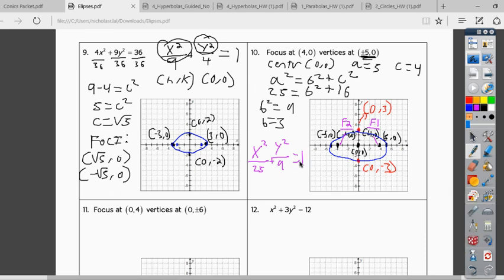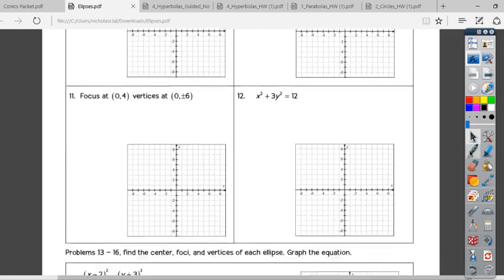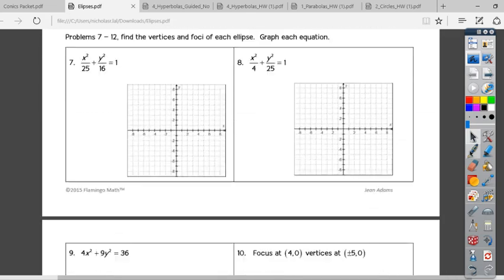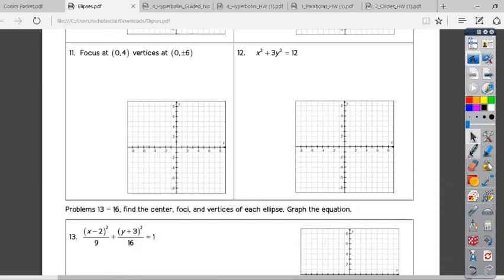Going on to the next one. Focus at 0, 4. Vertices at 0, plus or minus 6. So we have a vertex here. Vertex here.